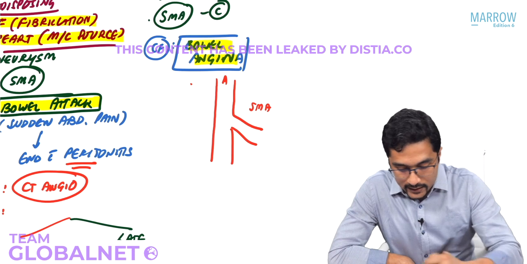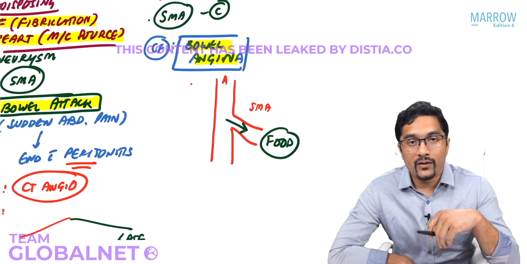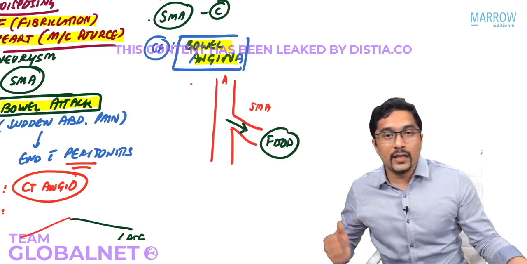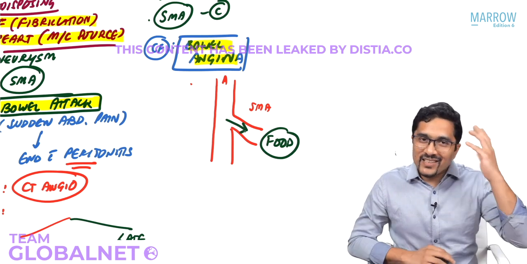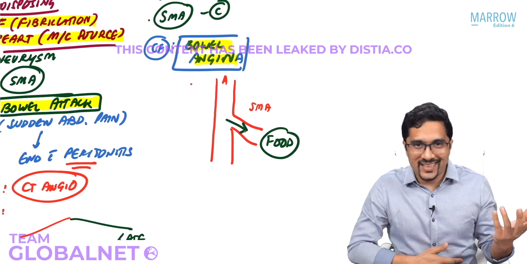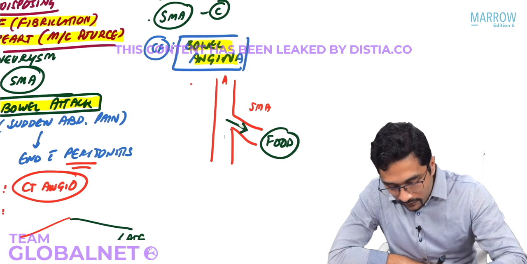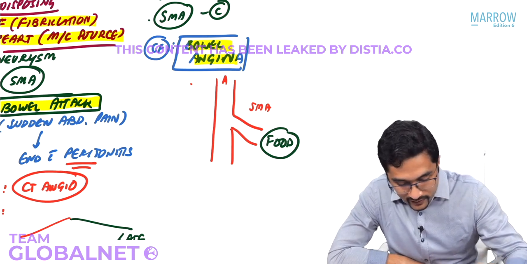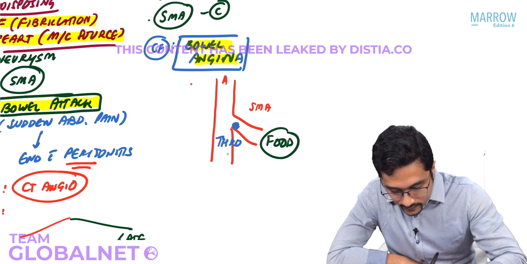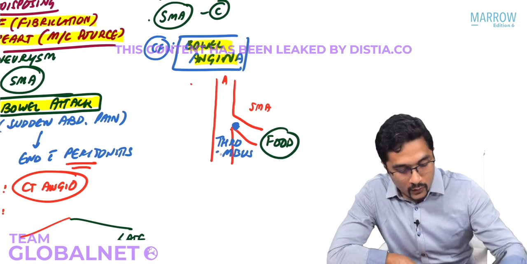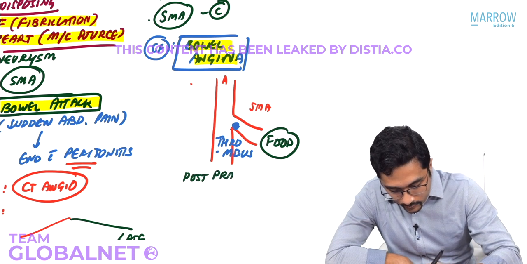Whenever the patient has food, we want more blood to flow in, so that it can help in the digestion and absorption of food, which is why if you have a heavy meal and all the blood is getting diverted here, we feel drowsy after a heavy meal and can't study at that time. But anyways, when you have food, we want more blood to flow into the bowel. But if there is an obstruction here, if there is a thrombus here, then blood cannot flow. So the clinical feature is going to be postprandial abdominal pain.